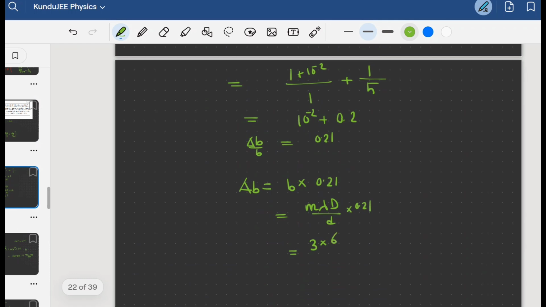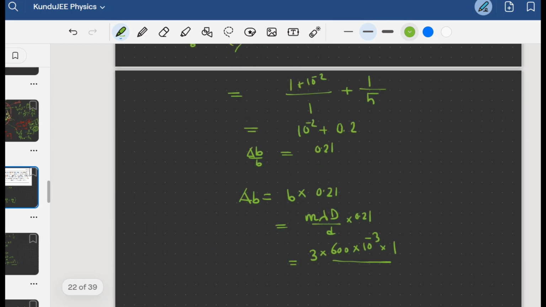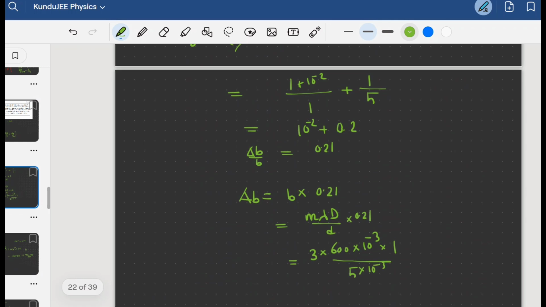So we'll express in micrometer because the answer is asking for micrometer, into capital D is 1 and small d is 5 into 10 to the power minus 3, into 0.21.